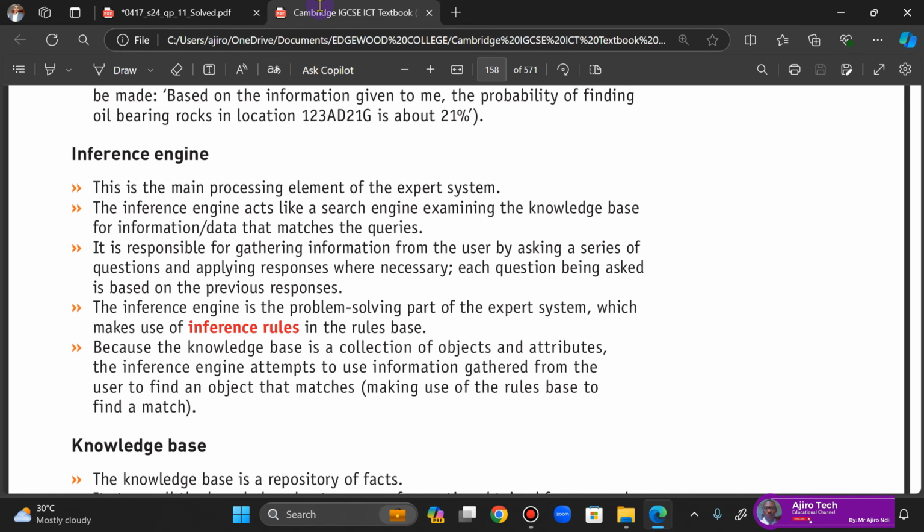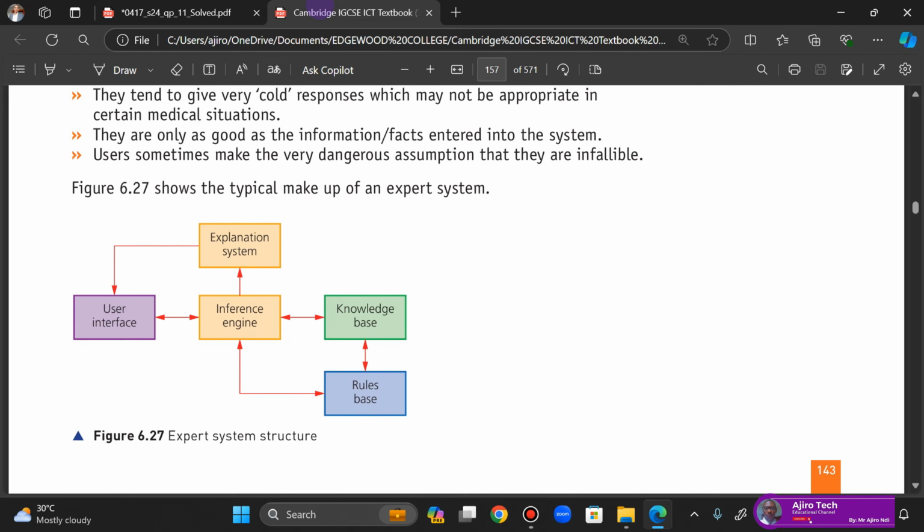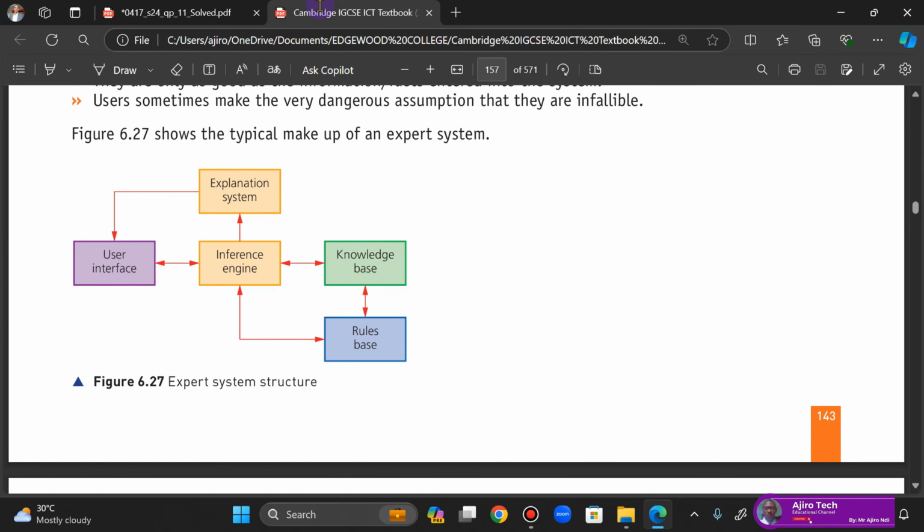So the whole idea, and I want to explain this, is in the user interface, the expert system interacts with the user, and there's usually yes or no sections where the user is able to interact, and of course there are questions based on previous responses.